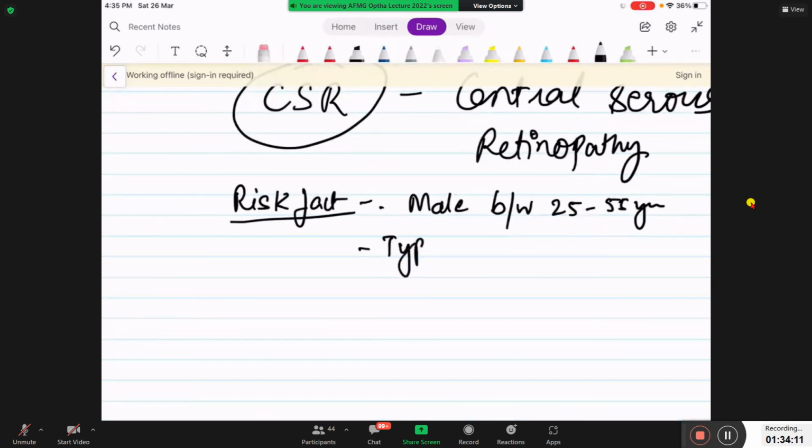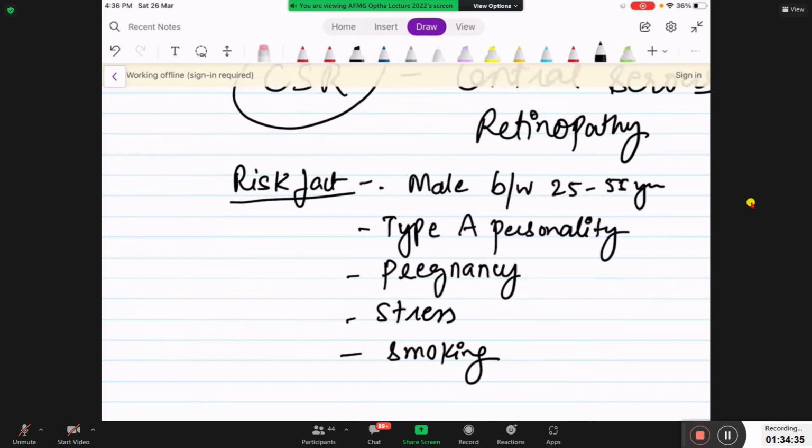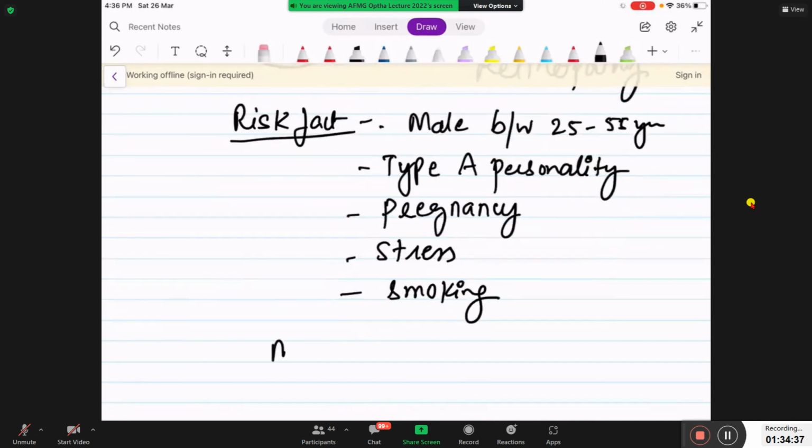More commonly seen in type A personality. Type A means hyperactive personalities. Seen in pregnancy also. Stress is one of the major factors. And smoking also.